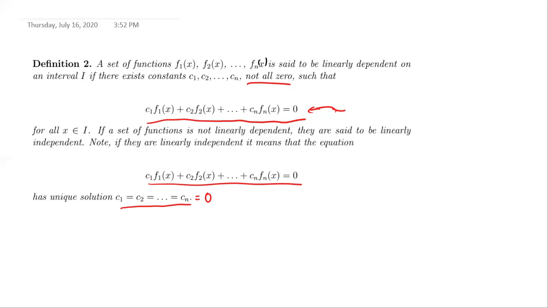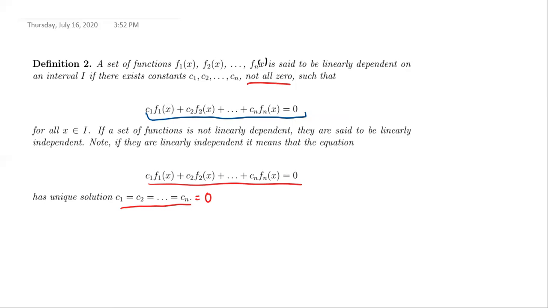Again, a little bit messy and a little bit hard to understand what is going on. So let me just recapitulate. To test whether a set of functions is linearly dependent on an interval, write down this equation. Write down this equation and check whether it's possible for that equation to be true for all x on whatever interval you're working on when not all the coefficients c_i are zero.